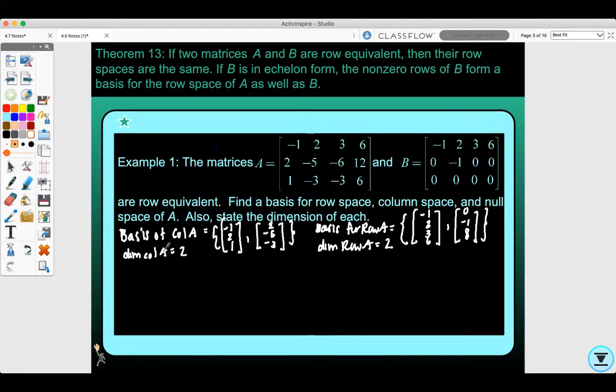So now I need to find the basis of the null space of A. Therefore, I need to take matrix B and get B in echelon form. So when I do that, I would have this matrix here.